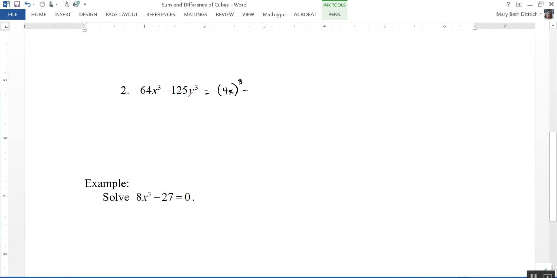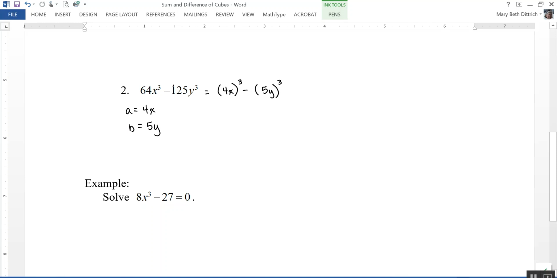Cube root of 125 is 5, so this is going to be 5y, that quantity to the third power, because 5 cubed is 125, y cubed is y cubed. So this shows me that a is equal to 4x. A is whatever is being cubed to get this first term, and b is equal to 5y. b is whatever is being cubed to get my second term here.